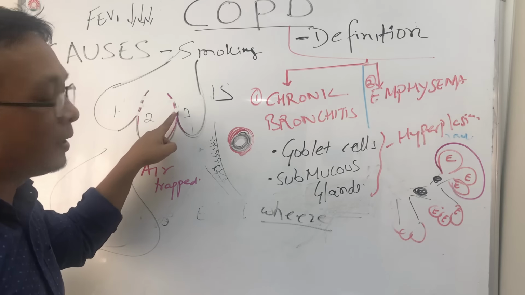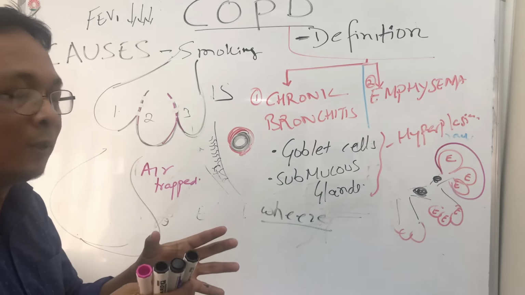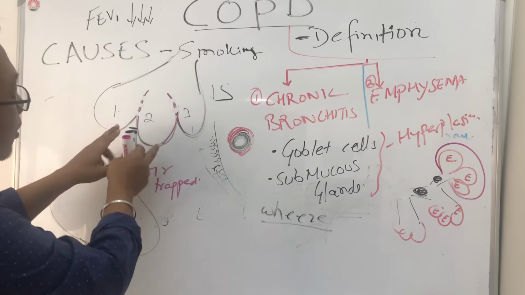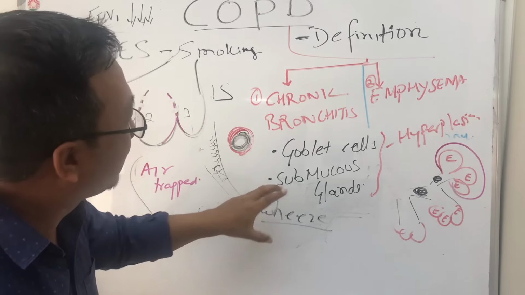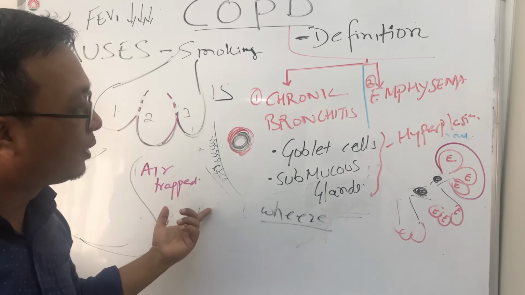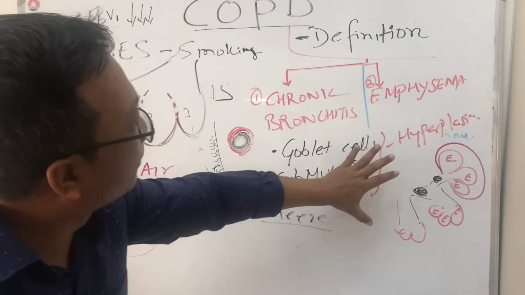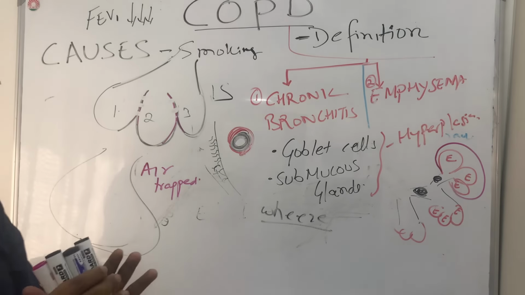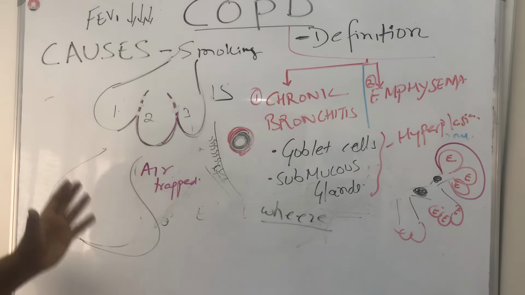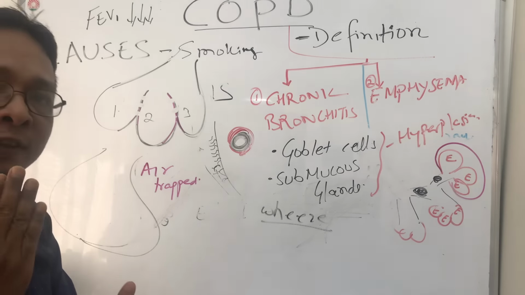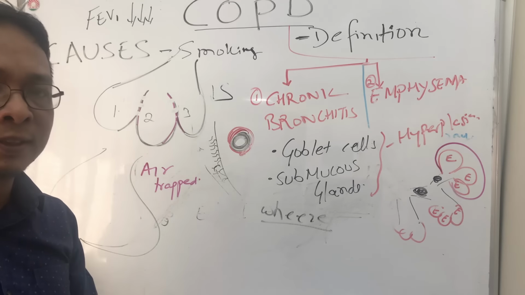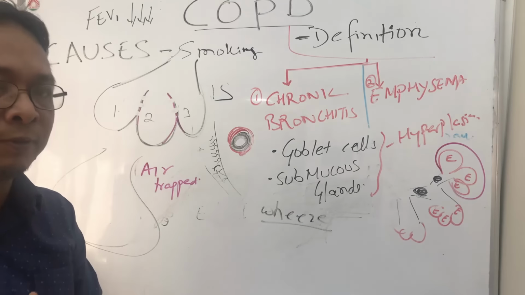This is destruction of the walls partitioning the alveoli, and they are all becoming one big alveolus, resulting in air trapping or hyperinflation. Alright, so that happens in emphysema. Now we'll go into details of the pathogenesis, why it happens. In the exam you have to write in 3 different steps. You write pathogenesis, you write pathology, then you write pathophysiology.